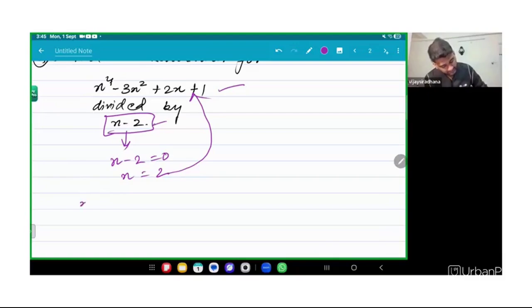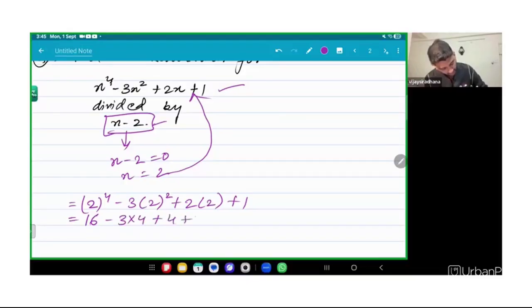So 2 to the power of 4 minus 3 into 2 to the power of 2 plus 2 into 2 plus 1. So this one would be 2 to the power of 4 is 16 minus 3 into 4 plus 4 plus 1. So 16 minus 12 plus 4 plus 1.